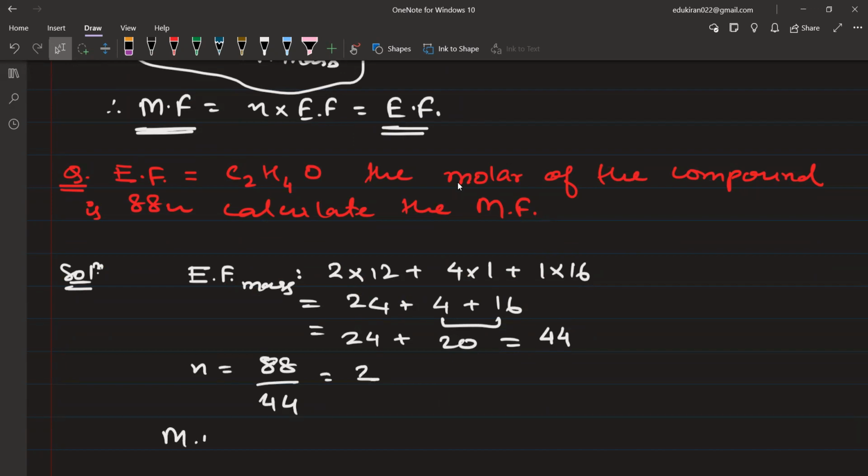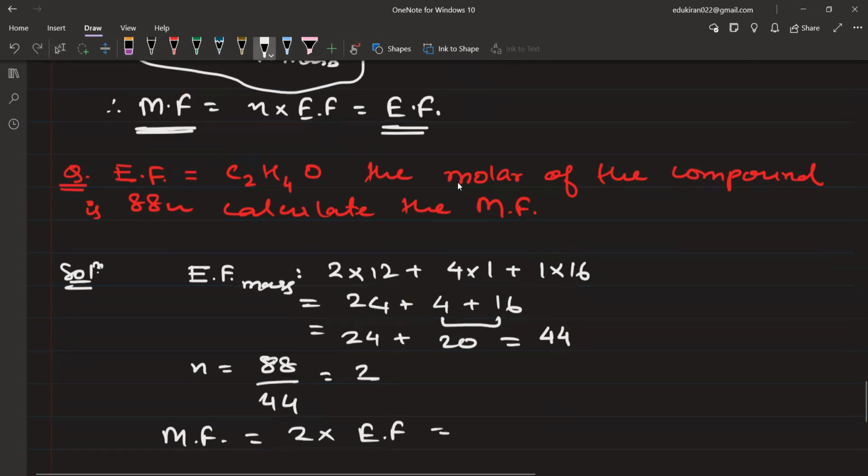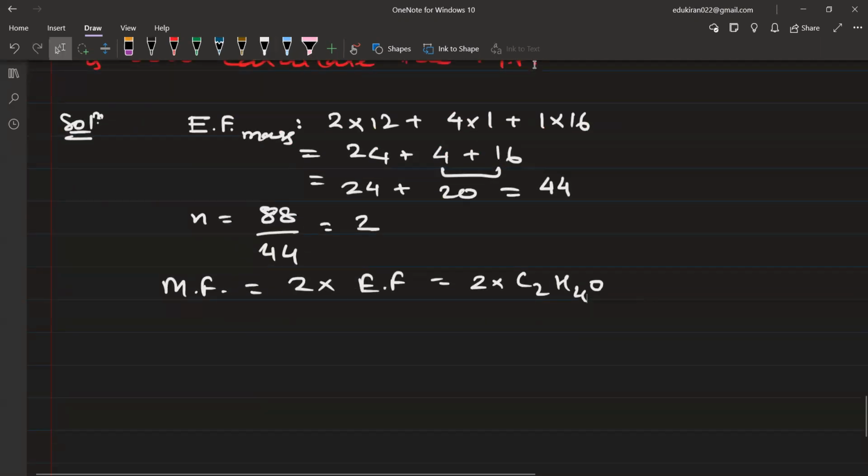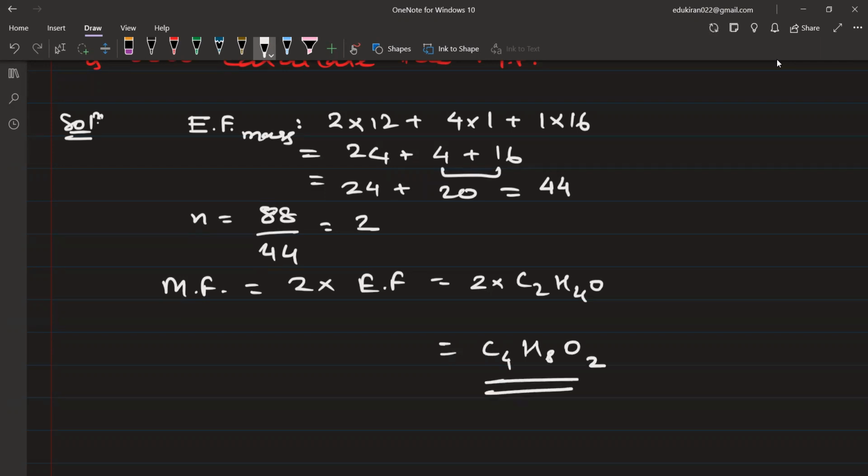So now molecular formula will be equal to 2 into empirical formula. Okay, so we'll write this as 2 into C2H4O, correct? So 2 into C2 is C4, 2 into H4 is H8, 2 into oxygen is O2. C4H8O2.